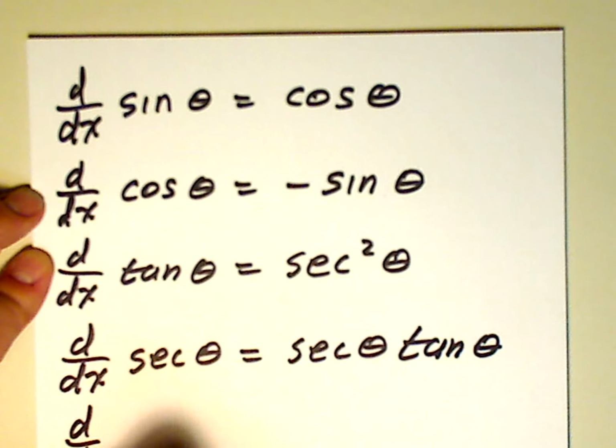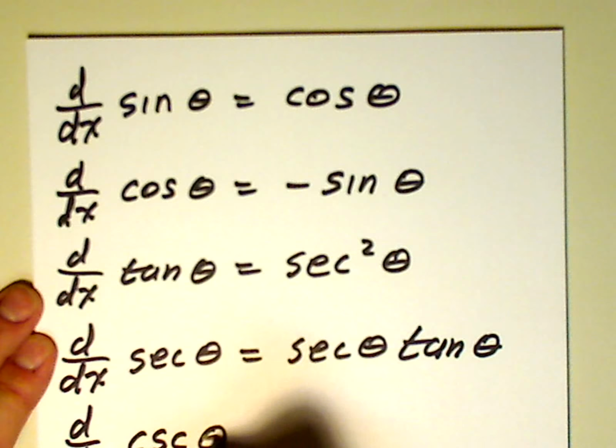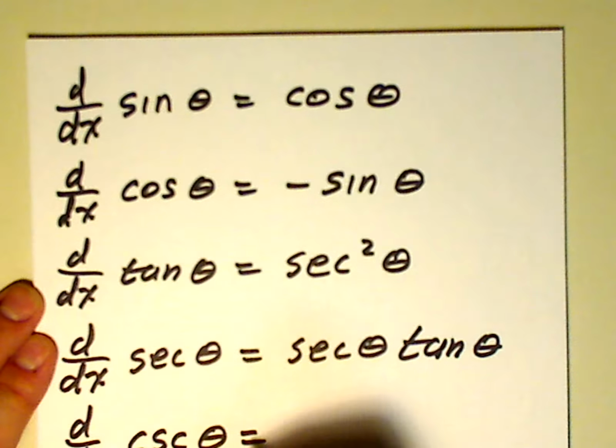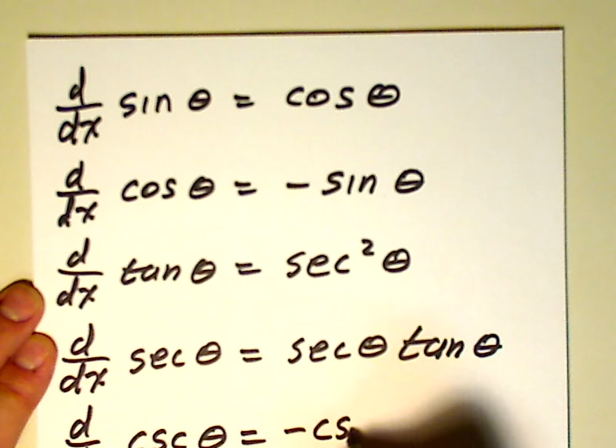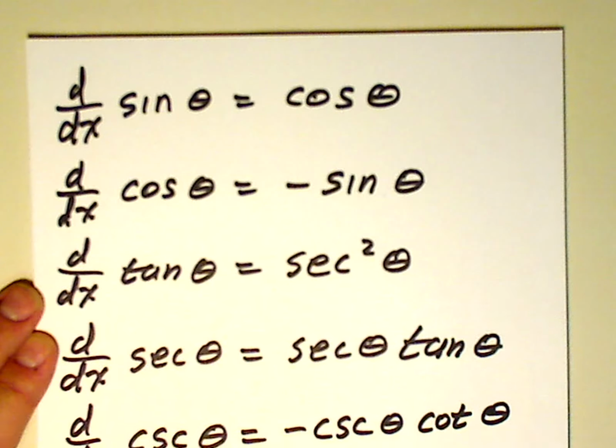The derivative of cosecant theta is negative cosecant theta cotangent theta.